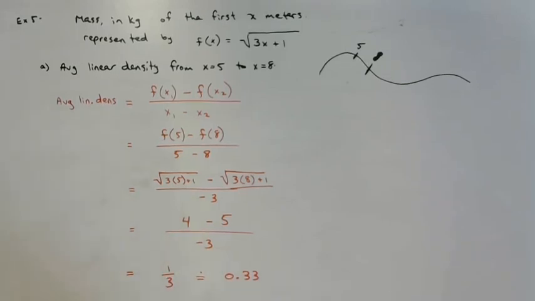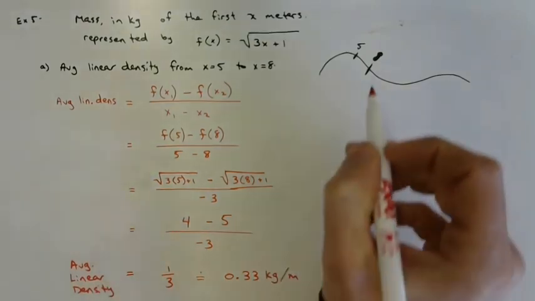So the average linear density for this part of the wire is approximately 0.33 kilograms per meter. Kilograms per meter. That's the average linear density for this section of the wire.